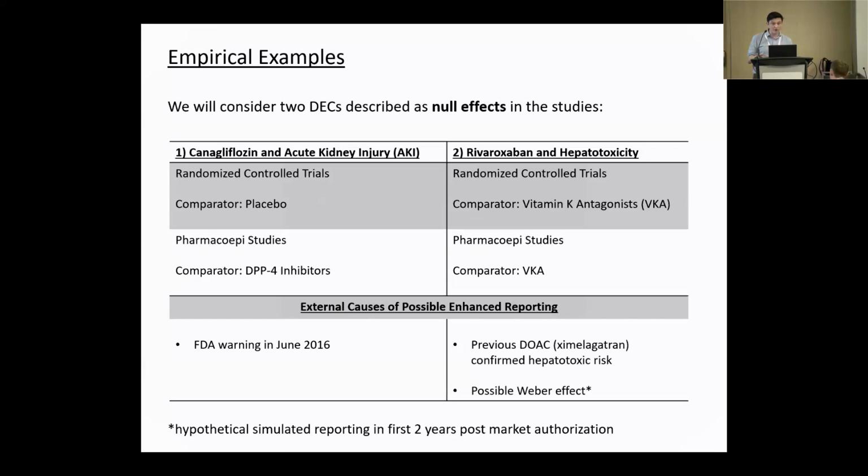For those of you unaware of the Weber effect, there's a hypothesis that in the first 2 years post-market authorization stimulated reporting occurs, which has been shown on and off depending on the drug event combination. So these two drug event pairs will hopefully allow us to see how the reporting bias interacts with these restricted reference sets.